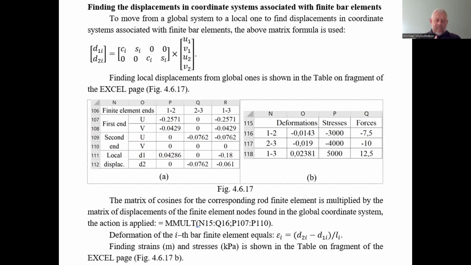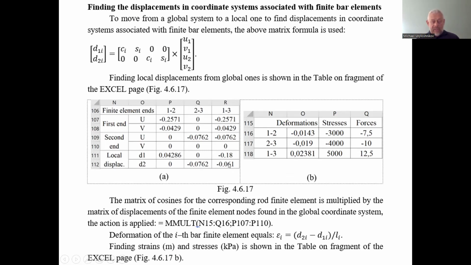So we have the lengths in the table of the geometry of the assignment. The lengths are 3, 4, and 5 for the first, second, and third finite elements. And for the second one, we subtract from the end displacement the 0, the displacement of the first end, divide by the length of the second element equal to 4, and got minus 0.019.